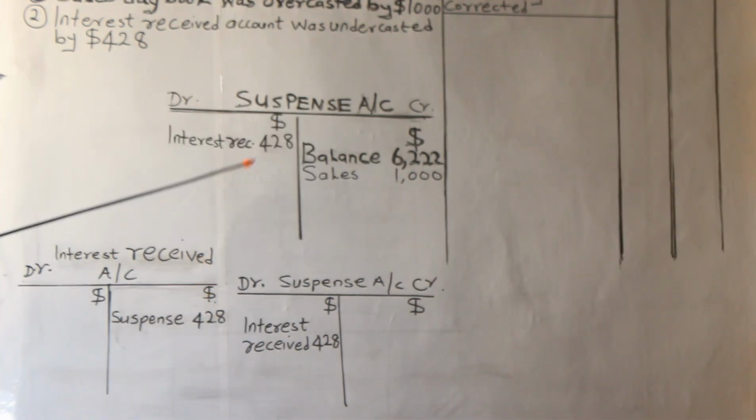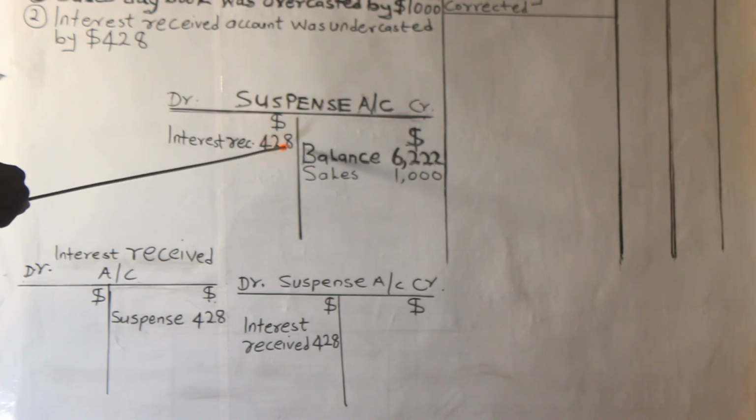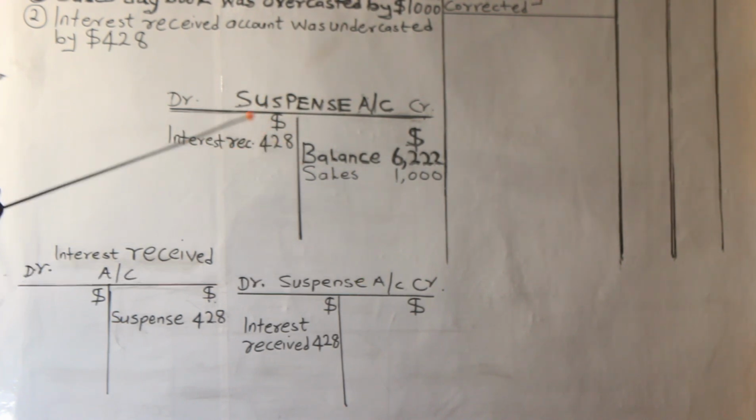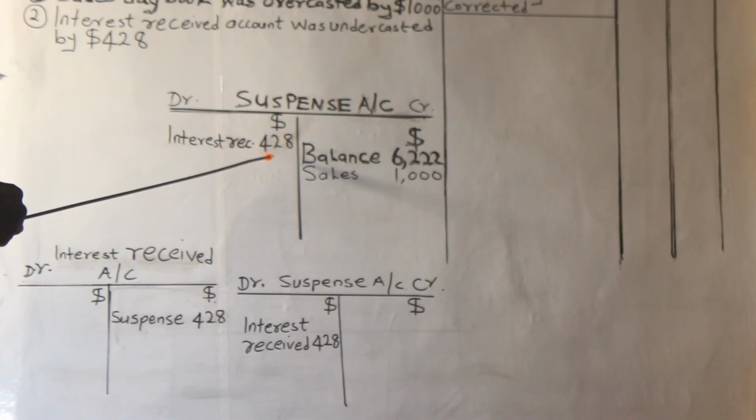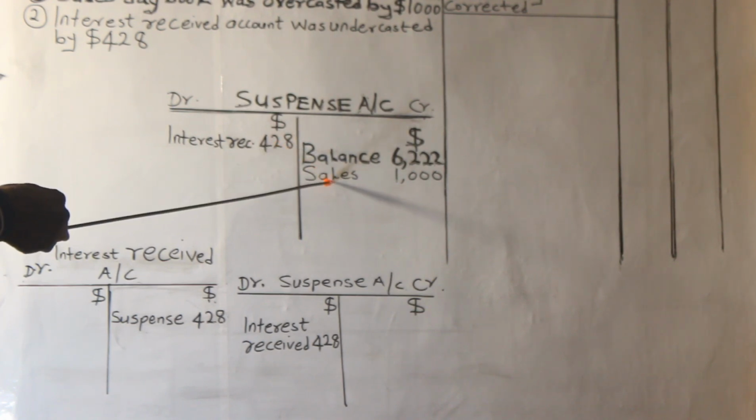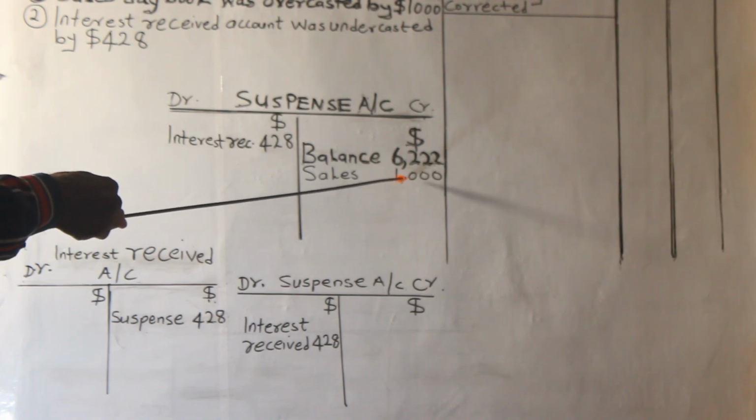Now we have already debited the suspense account with 428 from interest received account. What this means is that the undercast in the interest received account has succeeded in increasing the debit side of the suspense account by 428. And the sales we have earlier done has succeeded in increasing the credit side of the suspense account by 1,000.